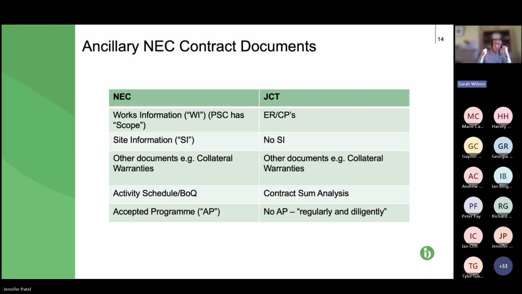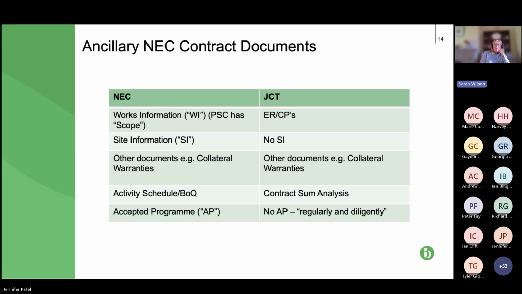That's just because fundamentally, under JCT, the contractor has to build what it has promised to build. So if that means building it on top of difficult ground conditions, it's just got to deal with that. If the ground conditions are nice and easy, then that's good news for the contractor. So basically, under JCT, the ground conditions are the contractor's risk.